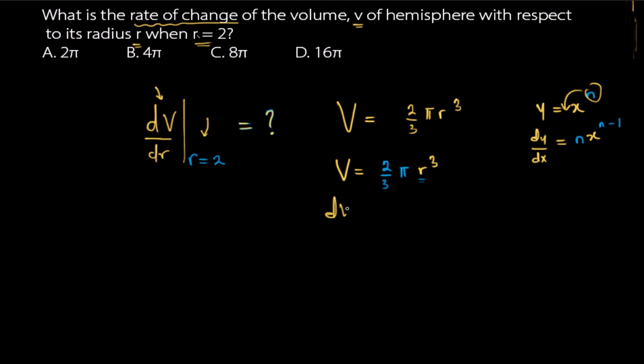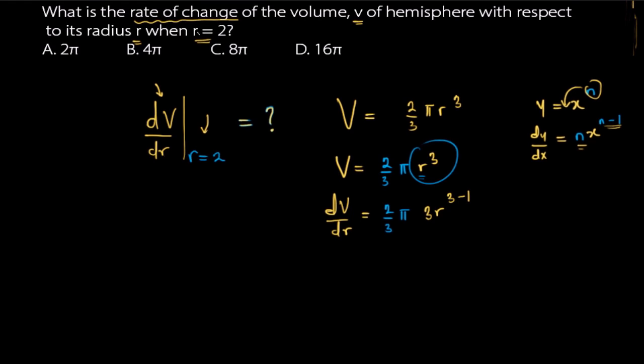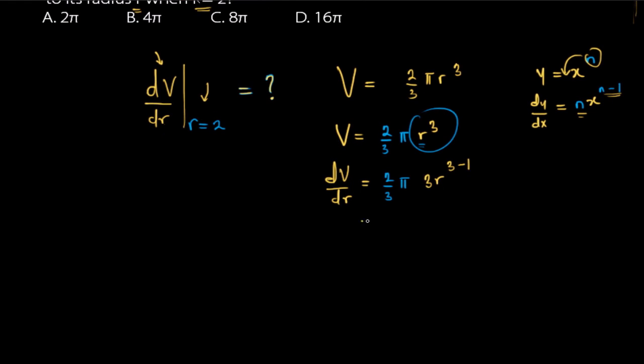So dV/dr equals, we're going to leave our 2 over 3 pi the way it is because it's a constant. So what we need to take into consideration is only r to the power 3. According to the formula, the 3 becomes 3r, then to the power 3 minus 1.